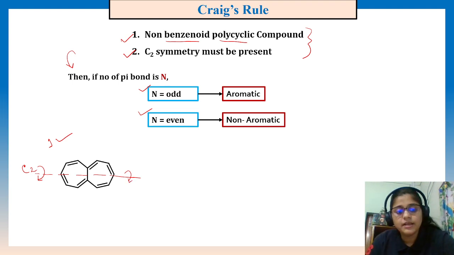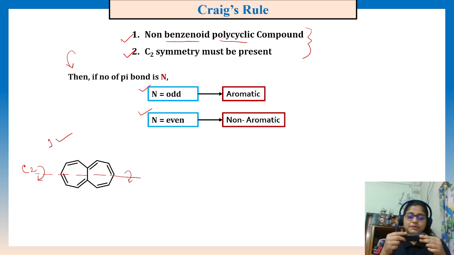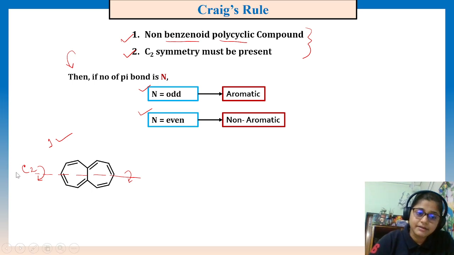See, if we rotate 180°, it will be the same again. So the C2 axis is present here because both halves are the same, you can see. So the second condition is also fulfilled.